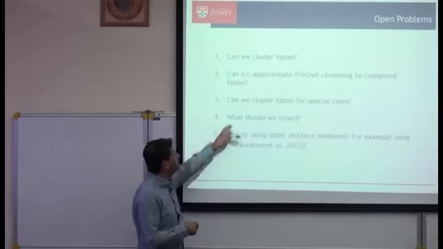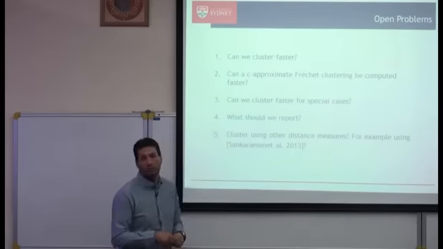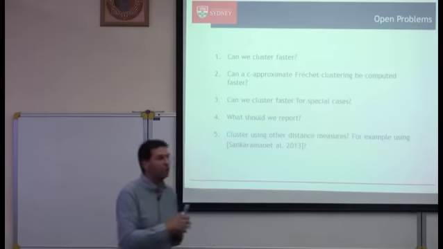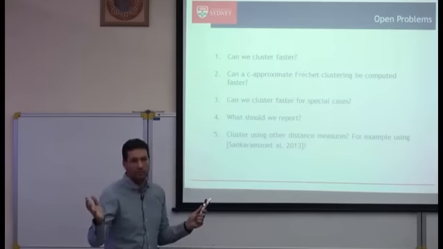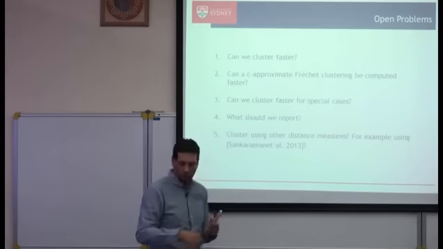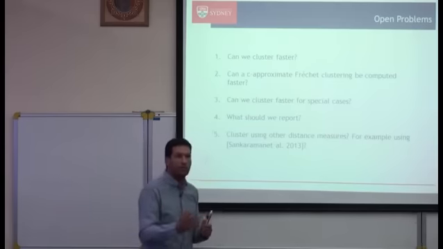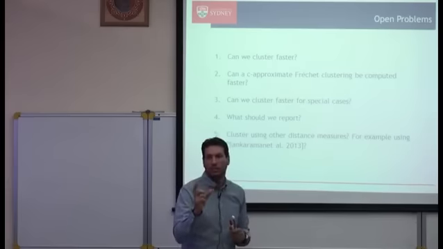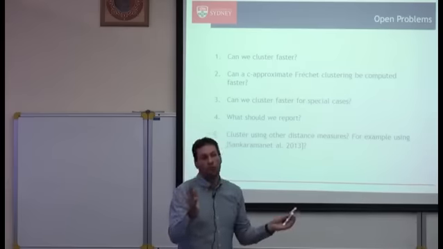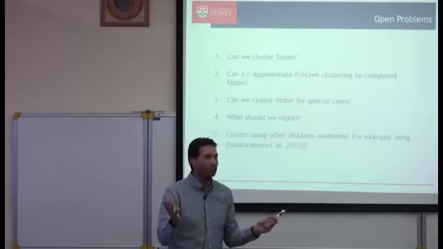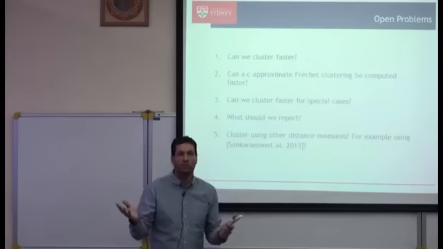And the biggest problem of all, what should we report? I only said, let's find the longest one. But this is not usually what you want. Let's look at the football application, for example. I don't just want one cluster. I want to find all interesting clusters. But what does that mean? What does it mean to find all interesting clusters?